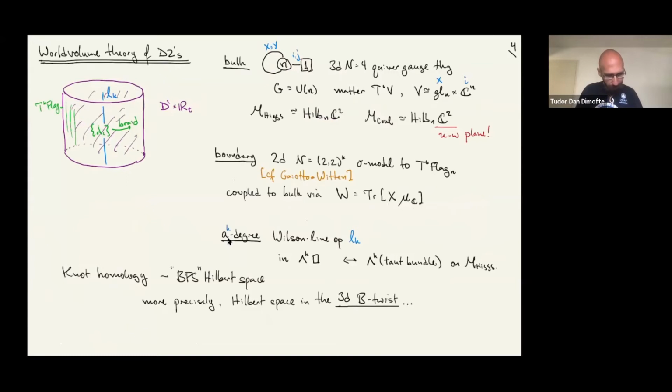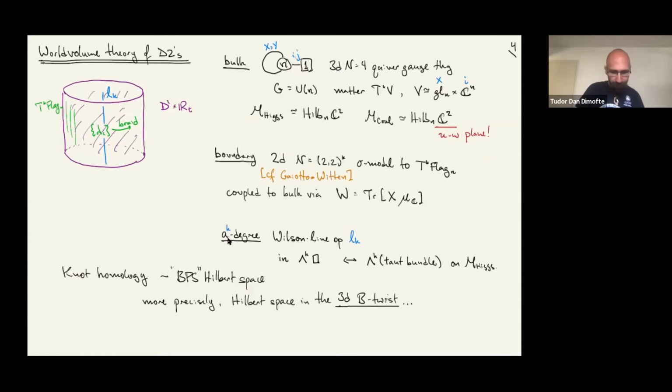And then knot homology is supposed to come about as the BPS Hilbert space of this theory. But we can't just say BPS because there are a lot of different BPS things in 3D N=4. We have to be a little bit more precise about what sort of BPS states we actually want to look at. And the answer, going more carefully through this, is that it's the Hilbert space in the 3D topological B-twist.